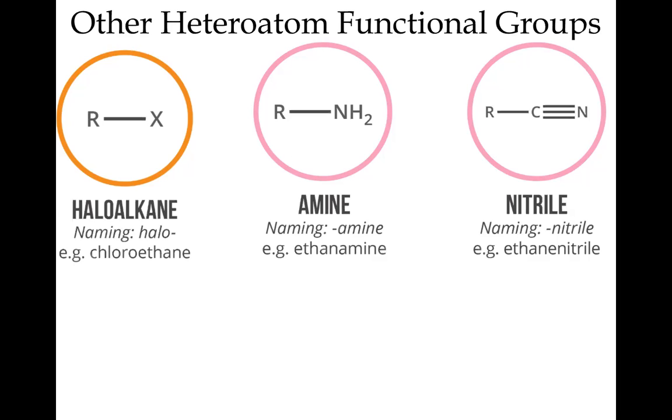If it's an amine group, it's going to be put at the end. So instead of being chloroethane, it's going to be ethanamine. Okay, so amine. And then if it's a nitrile, having a carbon-nitrogen triple bond, it's going to be the alkane name. So if it's ethane, again in this example, it's ethane nitrile as the naming system. Okay, so yep, that seems like it's the last slide.